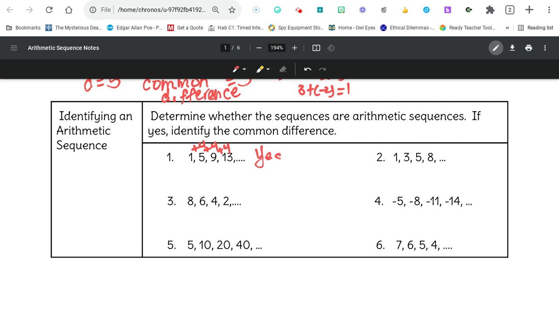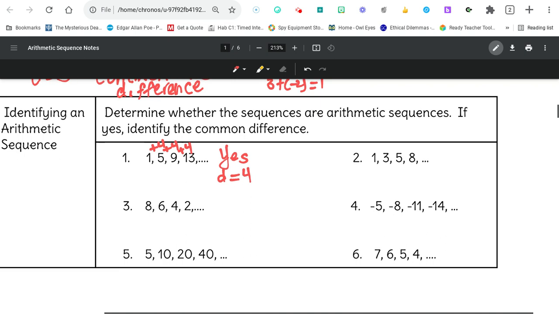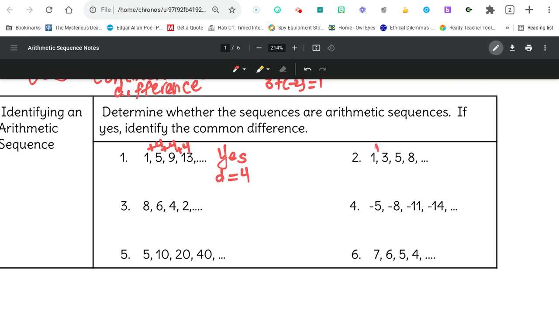So this is arithmetic, and D equals 4. On number 2, 1 plus 2 is 3, 3 plus 2 is 5, 5 plus 2 is 7. No, this is not arithmetic. I don't worry about a common difference. 5 plus 3 is 8. Let me change this.